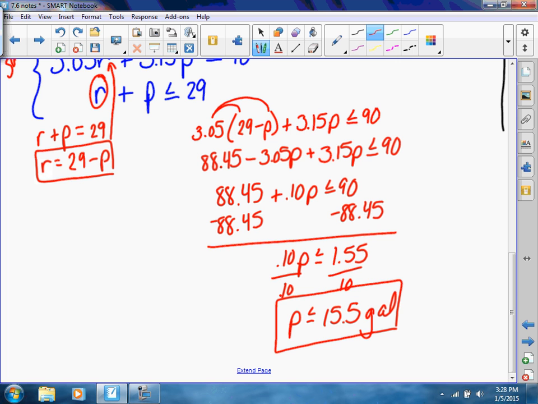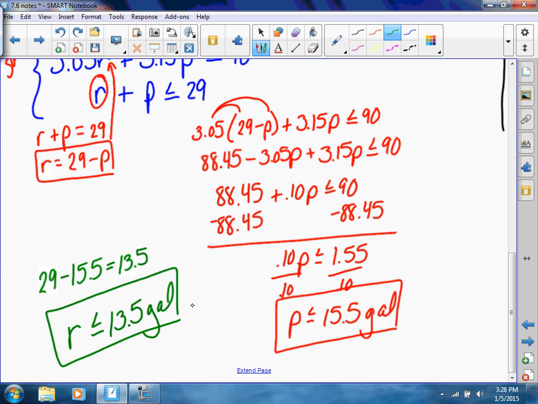Now altogether I had 29 gallons. So my last little step here then is going to be to do the 29 minus the 15.5. And that's going to be the 13.5. So then for the regular, I could get less than or equal to 13.5. I want it to be less than or equal to because I can't go over that 29 maximum.